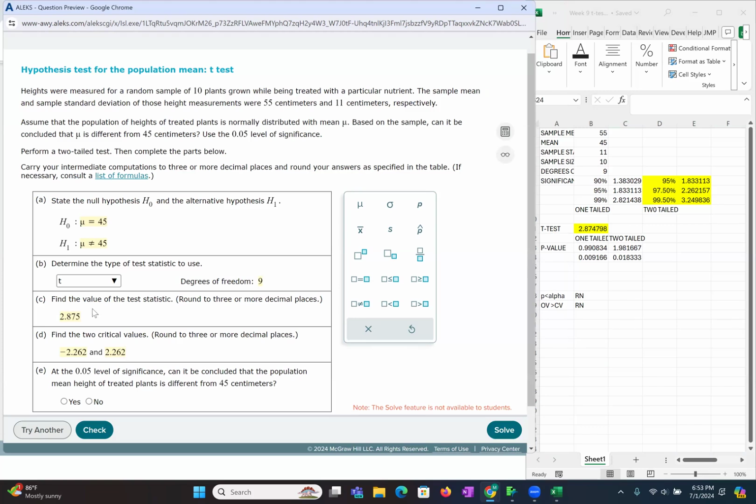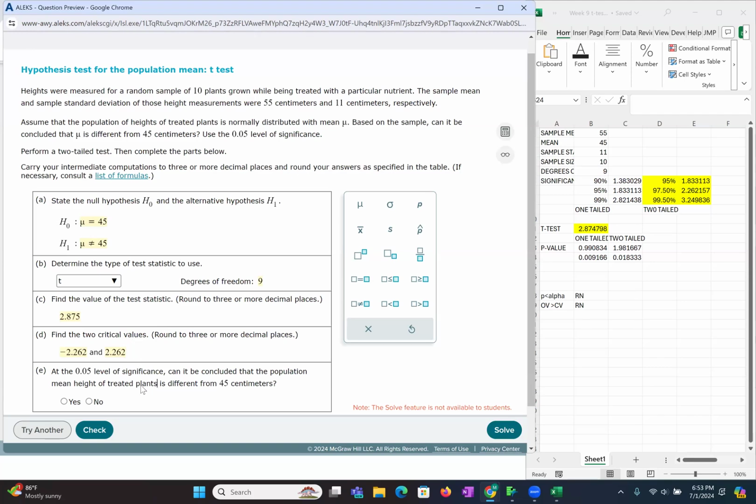OV is 2.875, that is greater than the CV of 2.262. So we're failing to reject. So that's yes. This is not a fail to reject. This is OV greater than CV. Remember, CV is the critical value. OV greater than CV, we're going to reject the null.